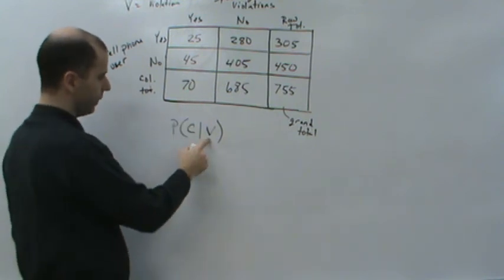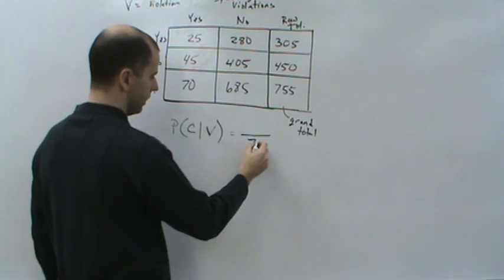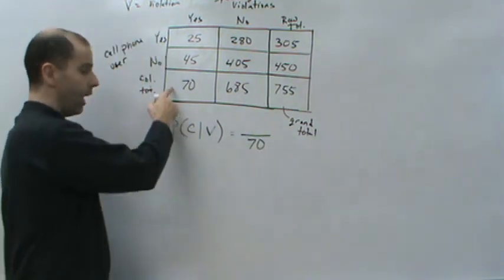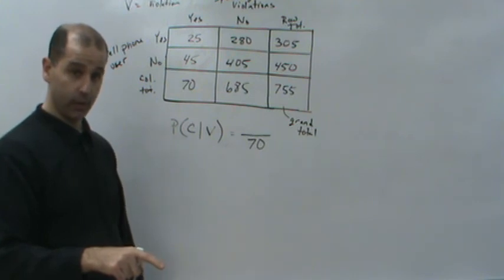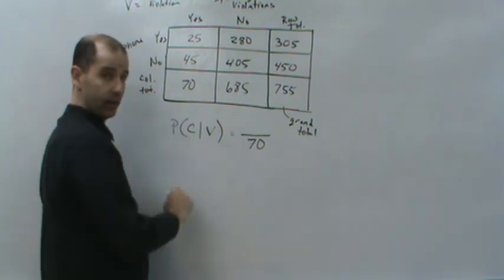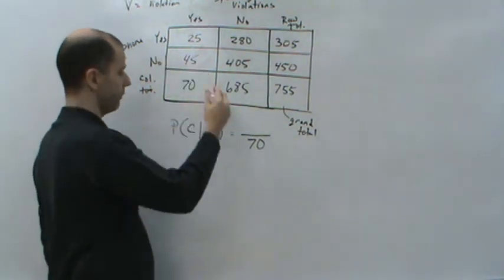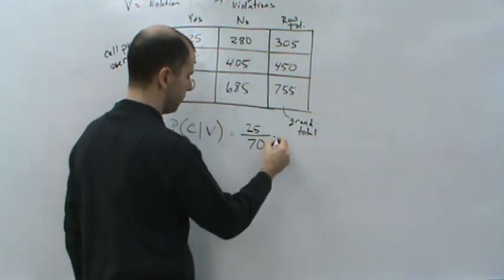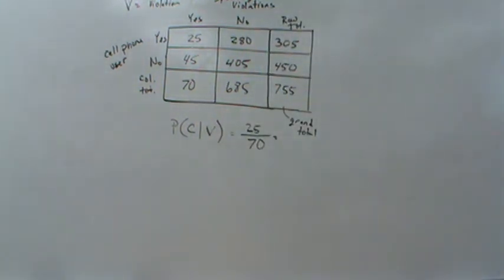What's my new sample size? It's going to be 70. Now, out of the 70 people who have had a speeding violation in the past year, how many are cell phone users? 25. There's the probability. So now it's 25 divided by 70. So it's 0.357.